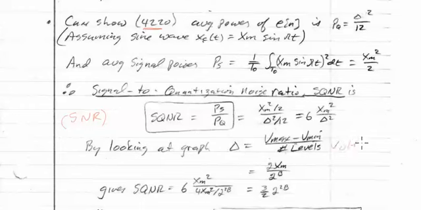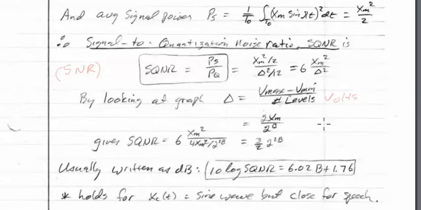Okay, and so if we plug the delta that we just got into there and do some simplification, we get a result for the signal quantization noise ratio of 3/2 times 2 to the 2b. If you can read that, 3/2 2 to the 2b.